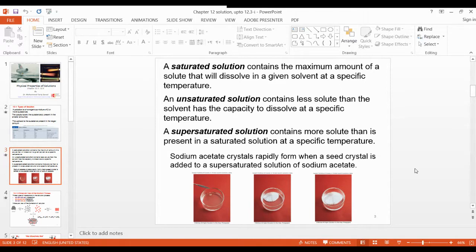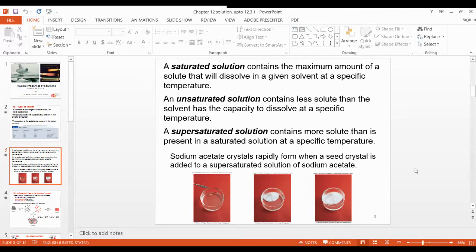Is it clear now? Saturated, unsaturated, and supersaturated solution. Clear, Doctor. When it is supersaturated, will the solute be dissolved or stay as it is? No. In a supersaturated solution, you first get the saturated solution, which is the condition after saturation. You just heat the solution a little.